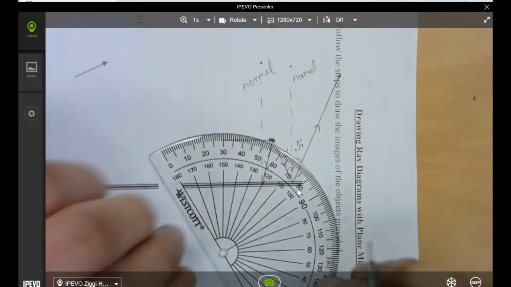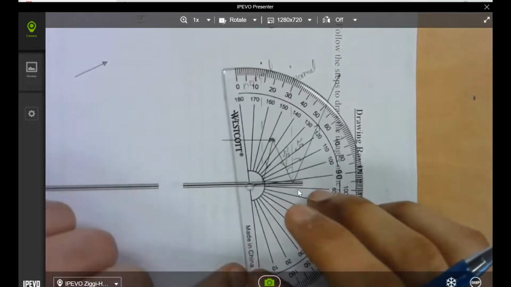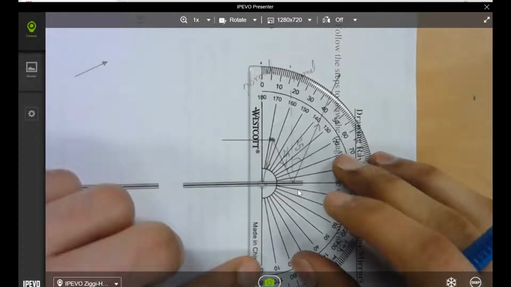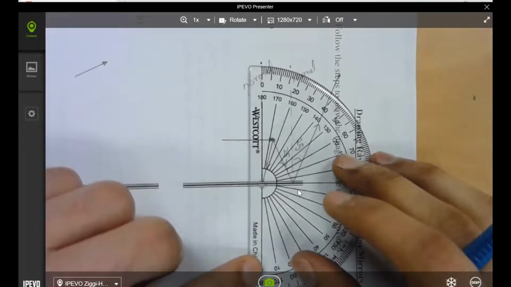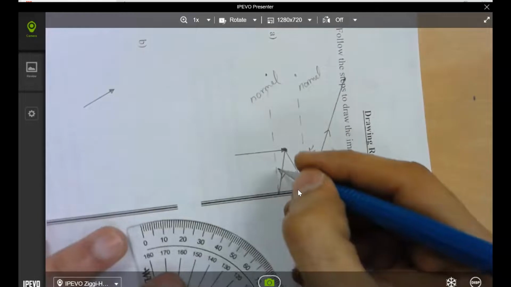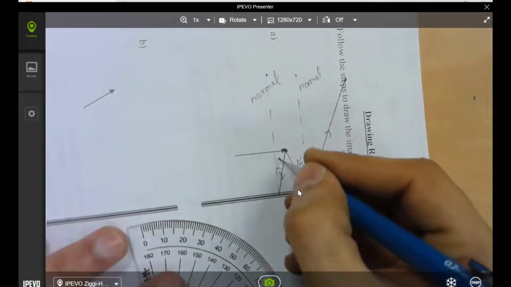Next, I'm going to measure the angle of incidence by setting my protractor along the normal and measuring that to be, what do you guys think that is? 12, 13? Yeah? I can agree with that. 12 or 13 degrees. Again, it's going to differ for each person, so I'm going to say 13 degrees.